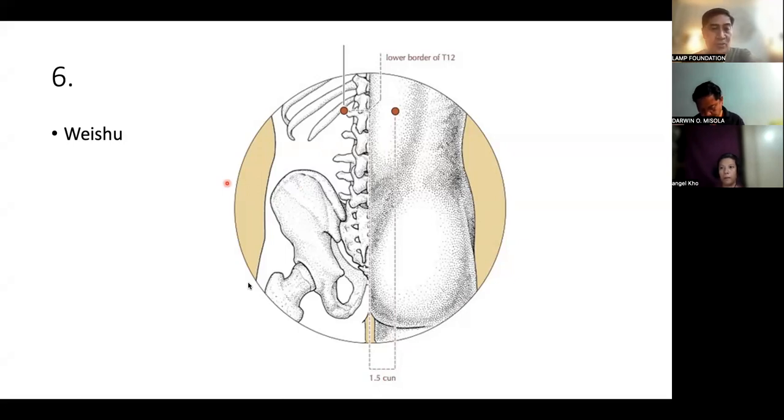Next, we have bladder 22. Is zang-fu. Okay, can you tell us the location? Sa ano na siya, Doc? Sa lumbar 1 na po. Okay, nasa lumbar na tayo po. Why am I so excited to tell you about the zang-fu? Zang-fu kasi is a triple burner. It actually balances all the 3 burners.